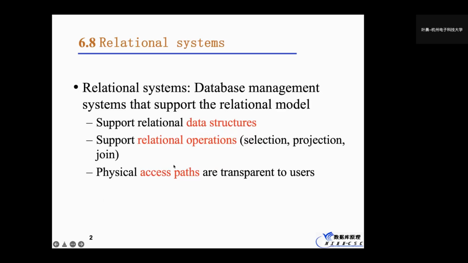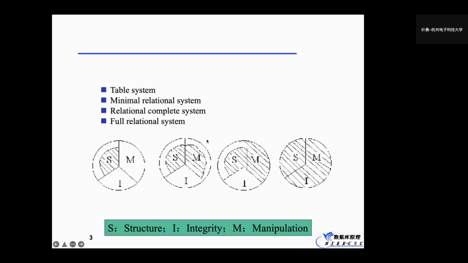And here we have these 4 kinds of systems. We can see here the 3 components, where S represents the structure, M represents the manipulation, and I represents the integrity constraints. So for the first one, it only has the structure, we call it a table system, and as it cannot have any relational operations, it is not a relational system.